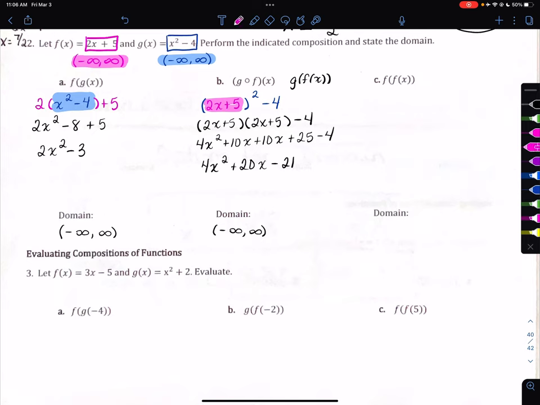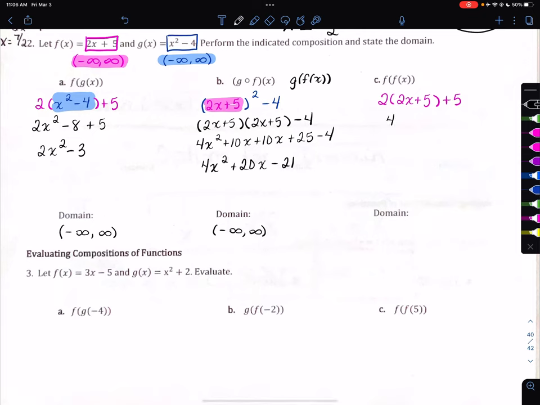All right, so for 2C, we have f of f of x. So that means we're going to have f of x on the outside with the f of x equation also inserted on the inside. So the composite function is going to be only the f of x equation. So we have 2 times x plus 5. And then on the inside, we're also going to have f of x again, which is 2x plus 5. All right, so let's simplify this using distribution.